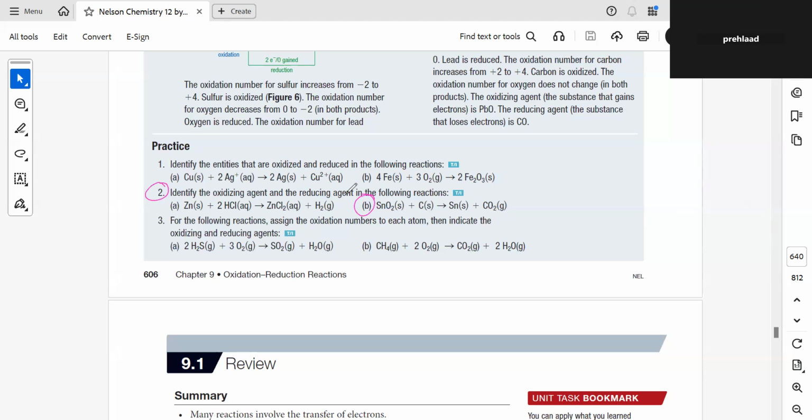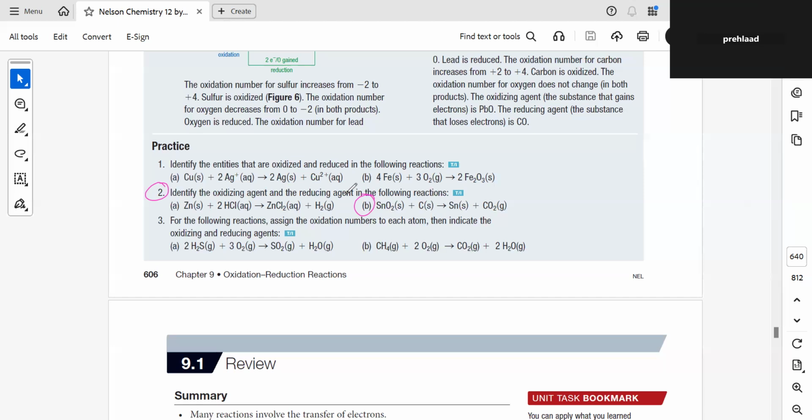Identify where there is change in the oxidation number. There's change for zinc. I'm asking you 2B, sorry. There's change in oxygen. Oxygen is reduced. Why will oxygen be reduced? Check again.